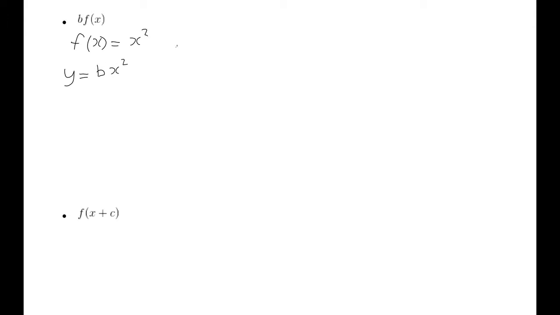So f of 2 equals 4, y equals 4b. F of 7 equals 49, y equals 49b. So you can see that whatever we had here, we've timesed our y value. Our y value is times by b.